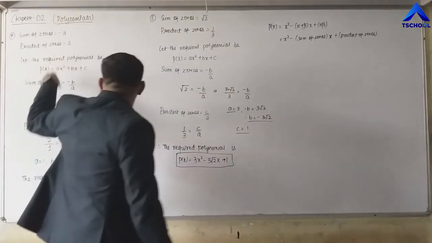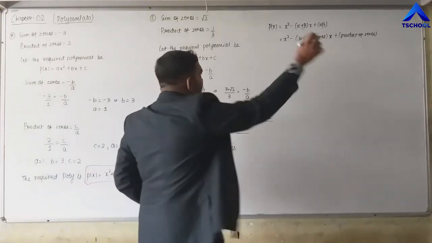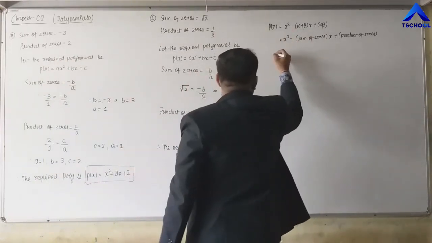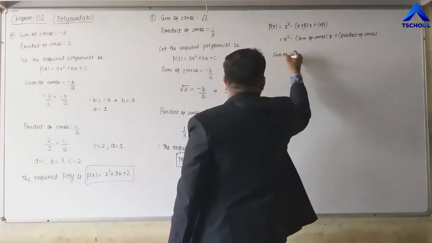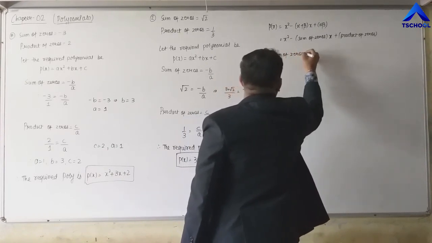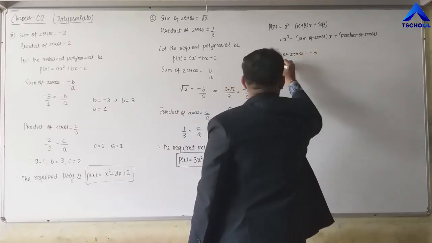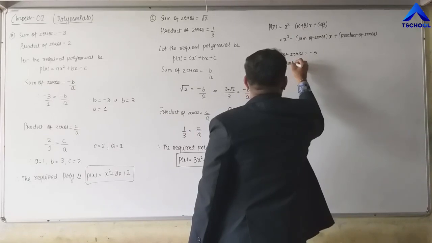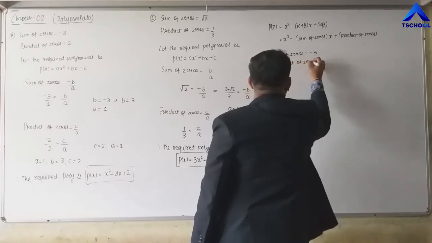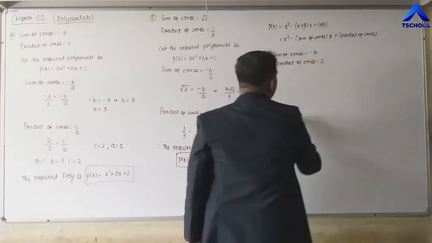Let us take any of the examples that we solved here. The sum of the zeros was -3 and the product of zeros was 2.